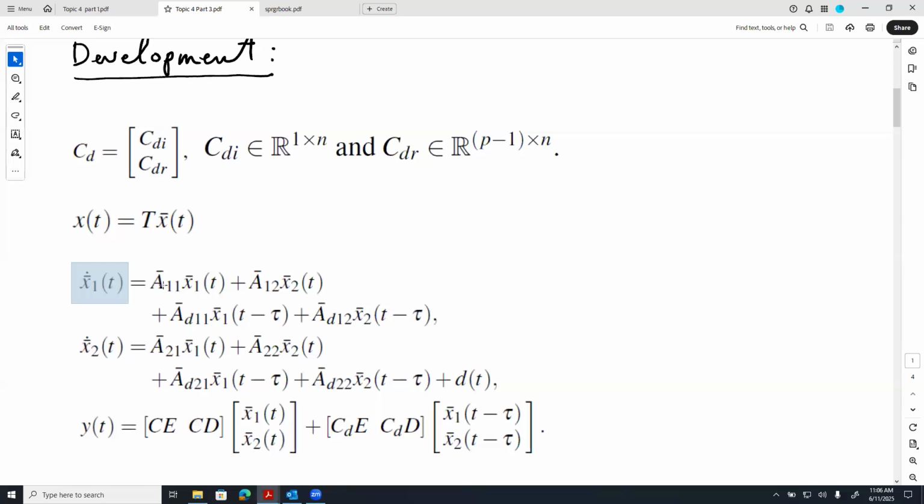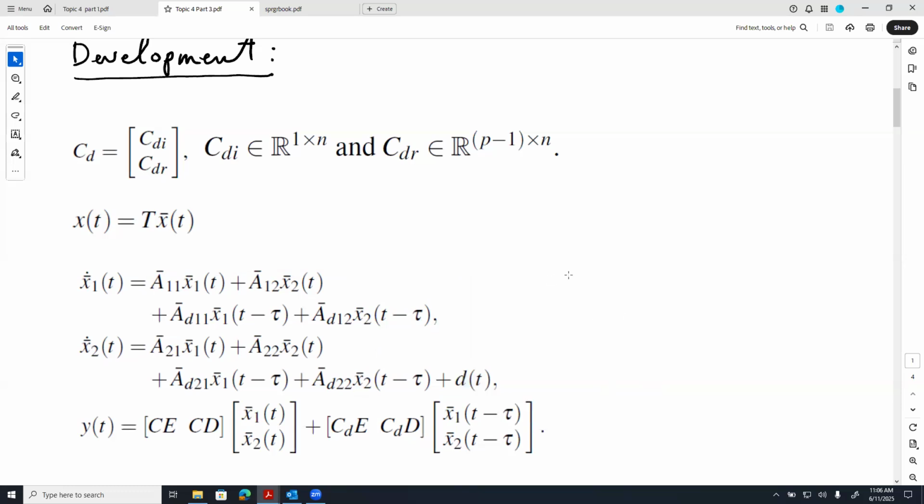By the way, x bar 1 of t is of dimension n minus 1. That one is free of unknown input. The other equation is x bar 2 of t, which is related to the unknown input d of t, and that's where we can explicitly express it, as was done in the previous topics.